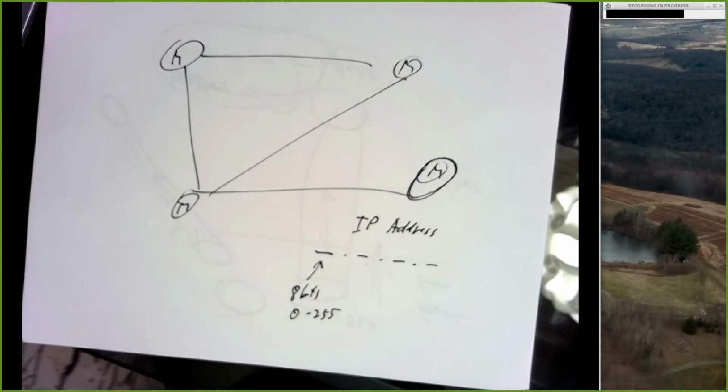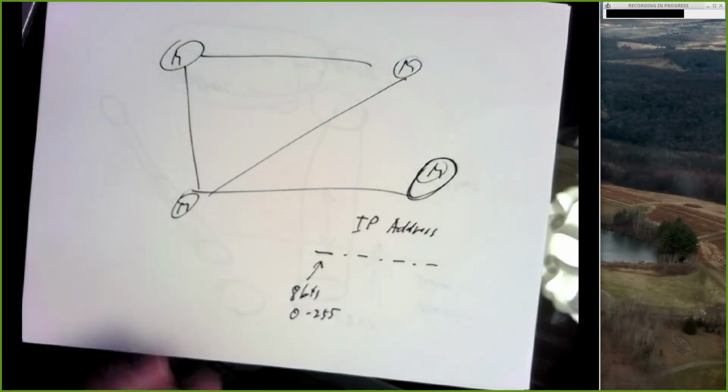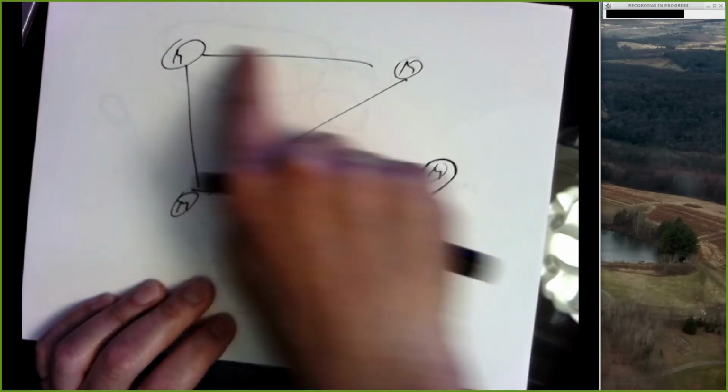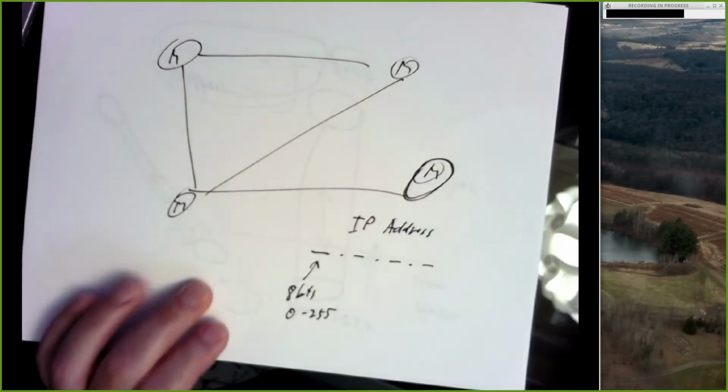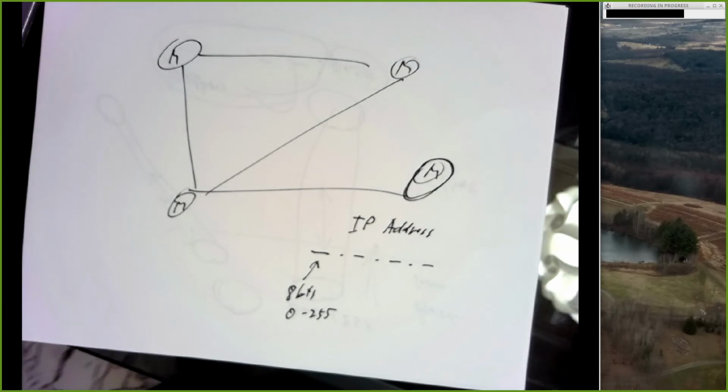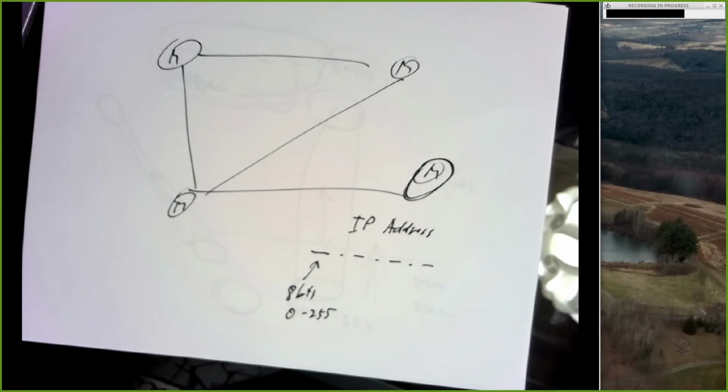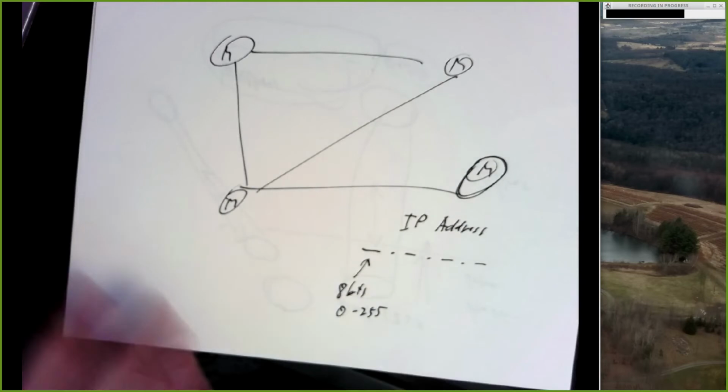Theoretically, any machine on here that tries to send a message to that address, that message will eventually find its way to that machine. So one part of this whole network business is just getting a message from one point to another, from machine to machine.